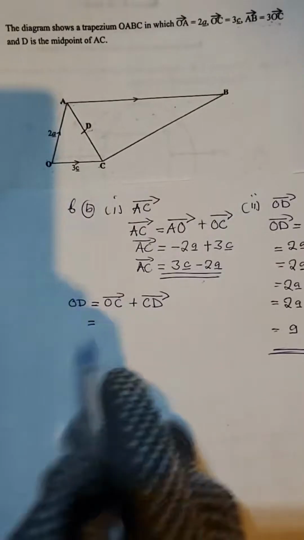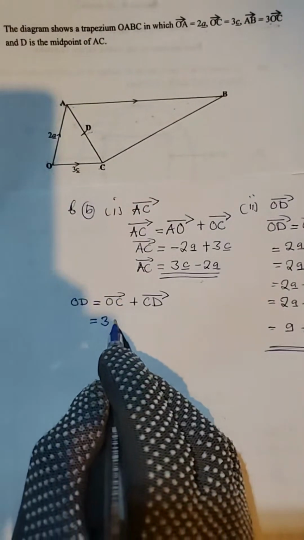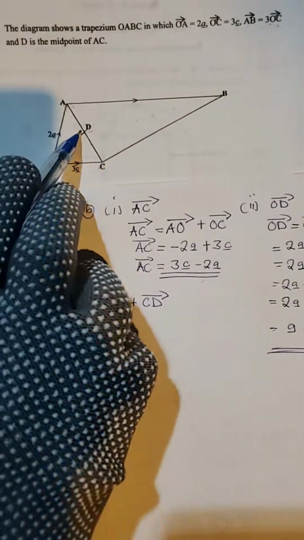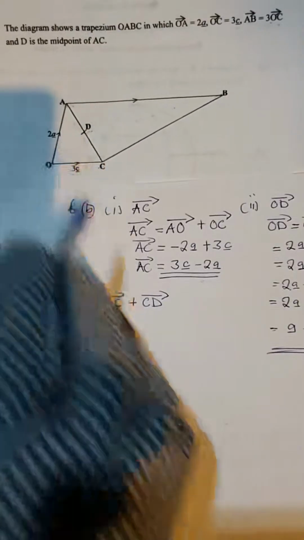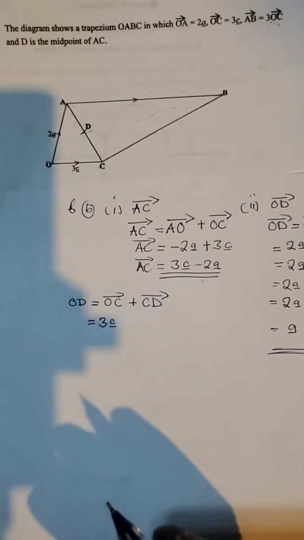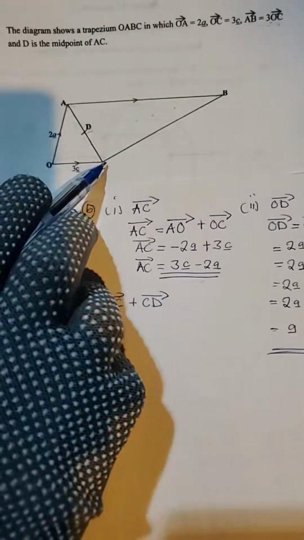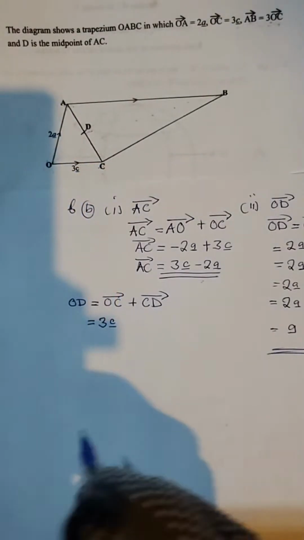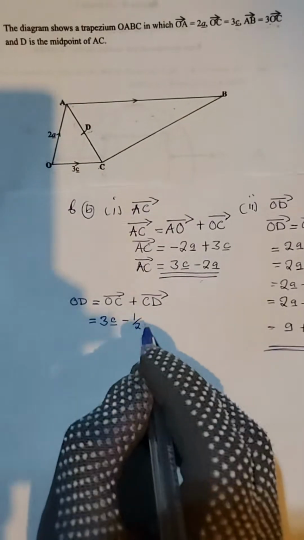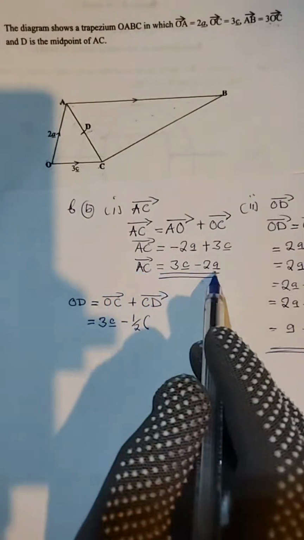So OC is 3 vector C, like this. This is OC. Then what is CD? CD is negative, since it is opposite of AC. So you're going to say it's negative half of vector AC. Where is the vector AC? This one.